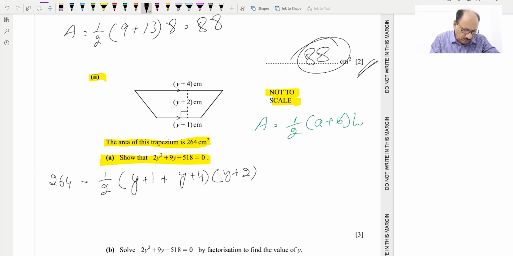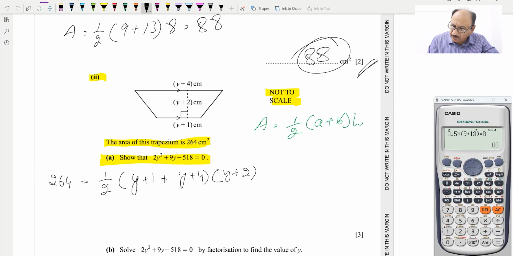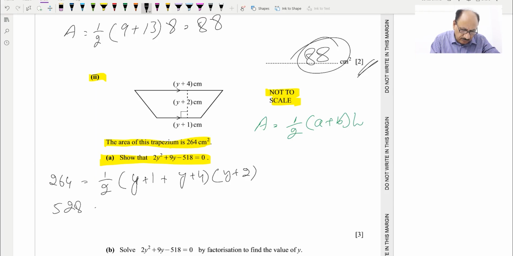So 2 will shift to the other side, so 264 multiplied by 2 will be 528. So 528 will be equal to, adding like terms, 2y plus 5 in brackets, and then y plus 2 also in brackets.